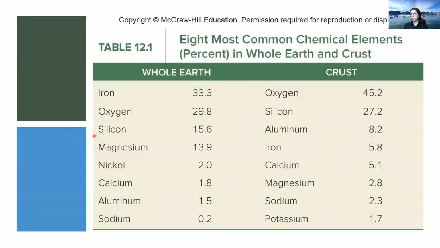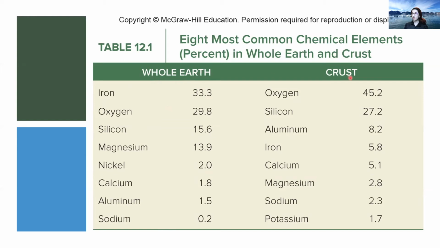Here we have a table that recounts the 8 most common chemical elements in their percentage in the whole Earth here on the left, and concentrated in the crust, the topmost part of the Earth that you and I are floating on. So in the whole Earth, taking into account the crust, mantle, and core, there's a whole lot of iron that we have, but there's also a whole lot of oxygen and silicon and magnesium.